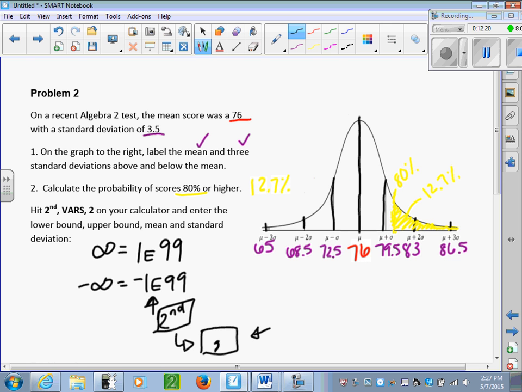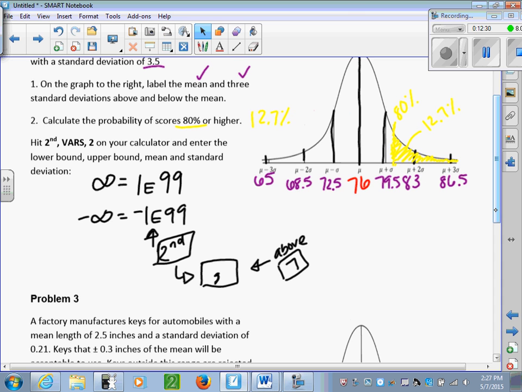Okay, this button is above the 7. All right. And this might help a few of you, it has an E right above that button. Okay, so there's another example of that one.